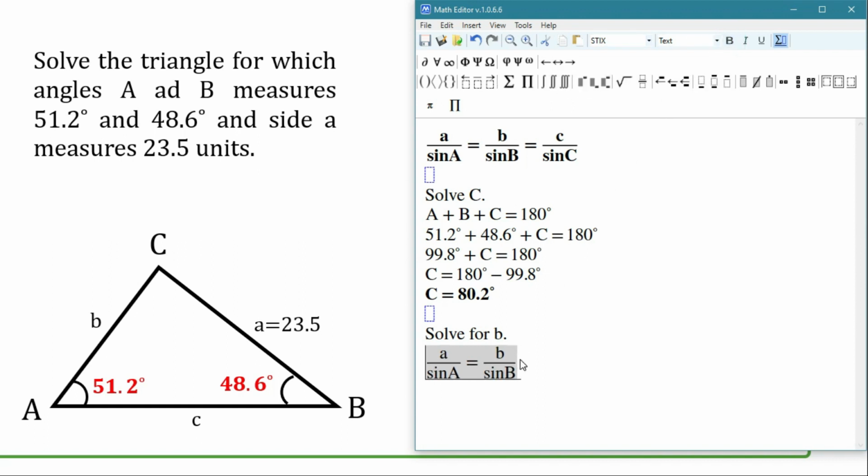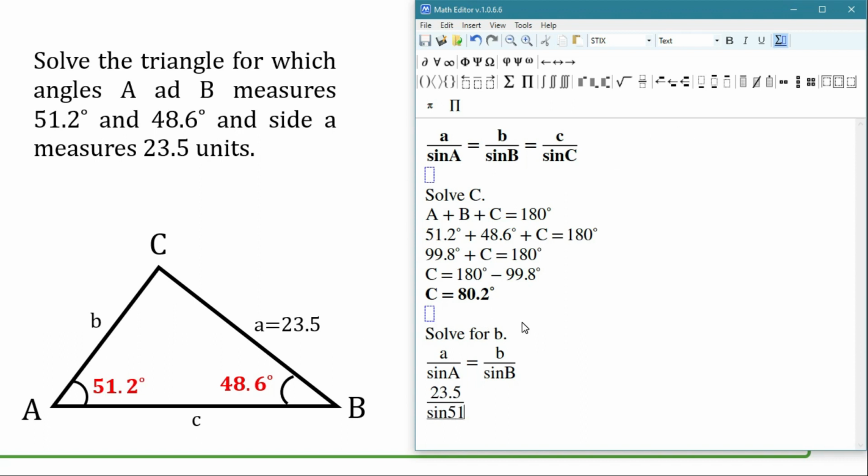Okay? So, by substituting all the necessary values to our formula, we have the value of A, tulad ng sinabi natin, that is 23.5 over the sine of A, the value of A is 51.2 degrees.